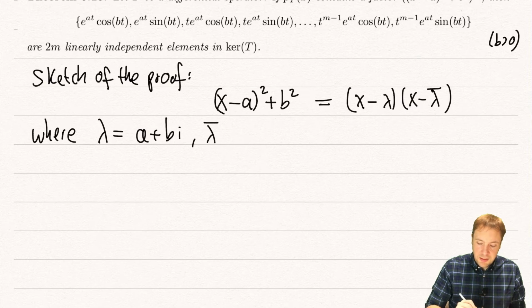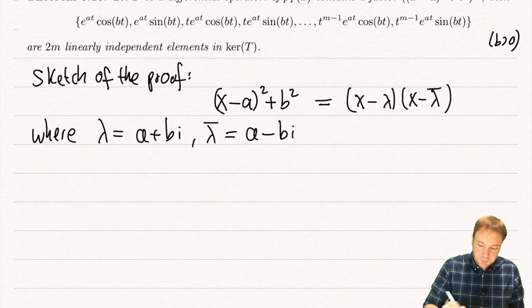And lambda bar is the so-called complex conjugate, which just means instead of plus, I write a minus here.